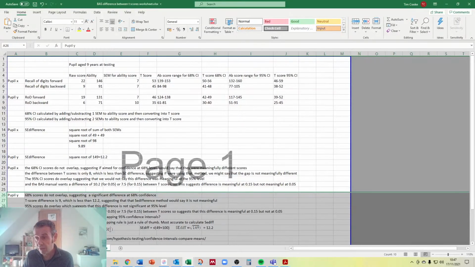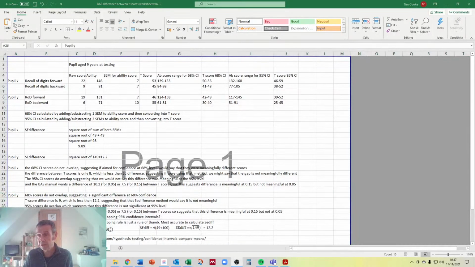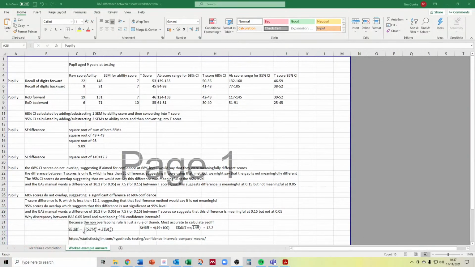Let me just get rid of myself off the screen and give you the whole picture like this. So the 95% scores do overlap, 39 to 52 and 25 to 45. So by the rule of thumb technique, we would say that these two things are not significant at the 0.05 level, and I'm familiar with that.